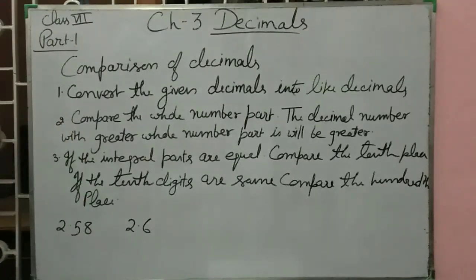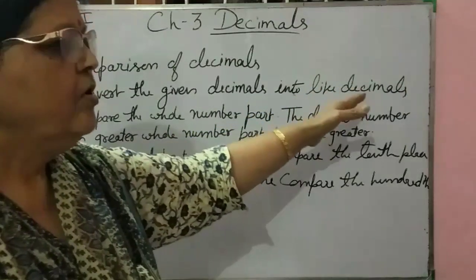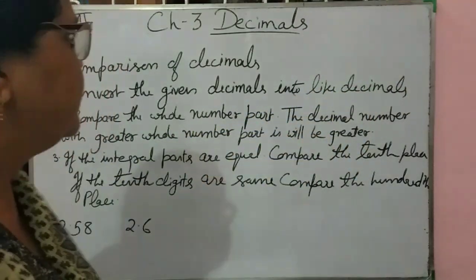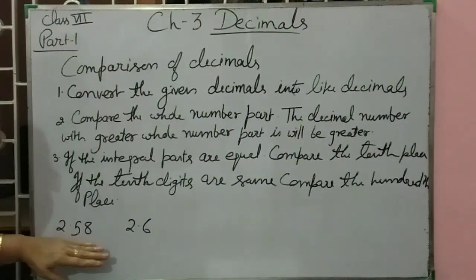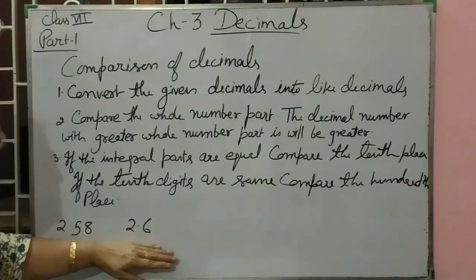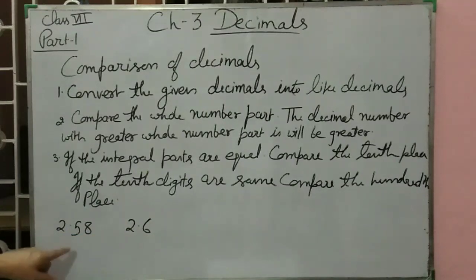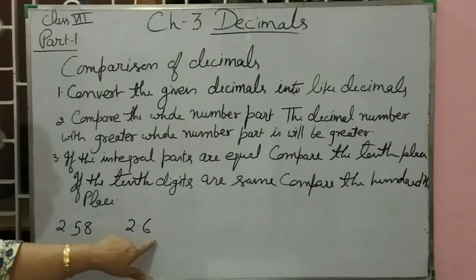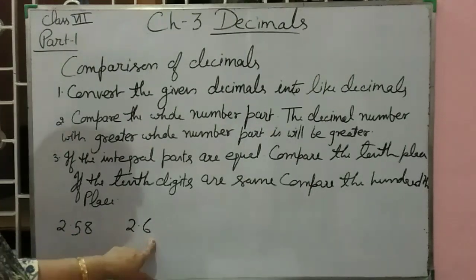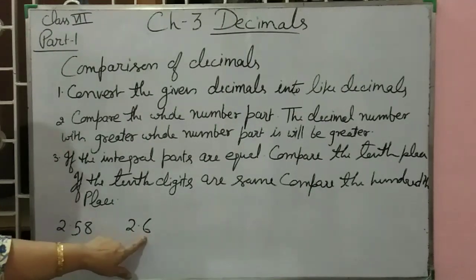This is comparison of decimals. First point is convert the given decimals into like decimals. Suppose we have two numbers 2.58 and 2.6. Here are two digits, two decimal places, and here is only one decimal place.